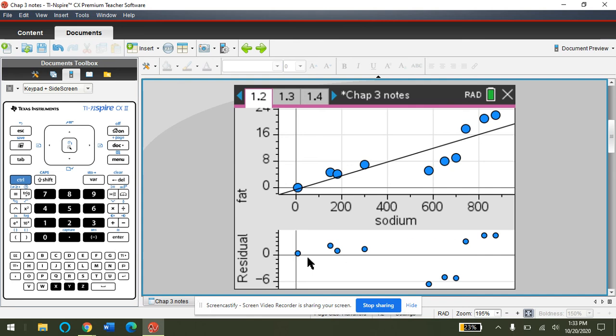Now this one really is U-shaped. Would you agree? Above, below, above in clusters. So when we originally looked at this, we said that looks pretty linear, but really it's not. This is curved data. It's kind of hard to see because it's close together.